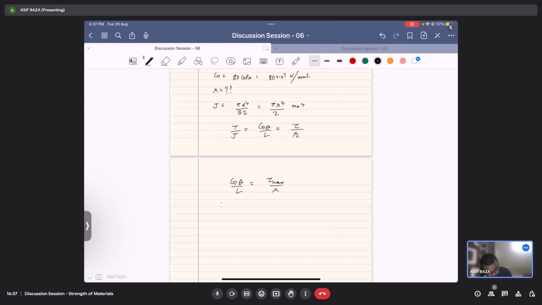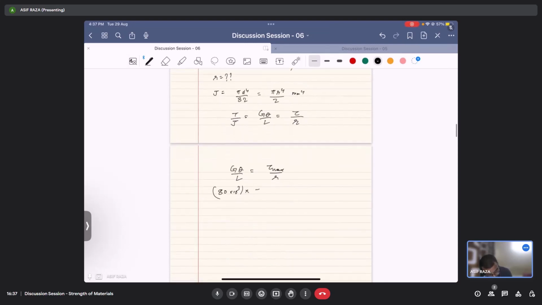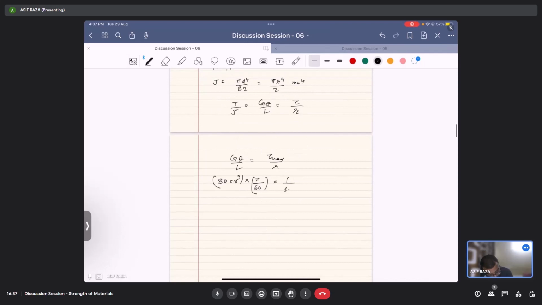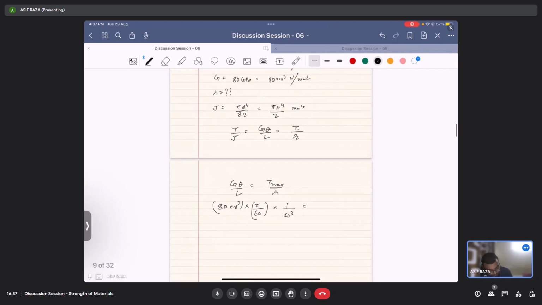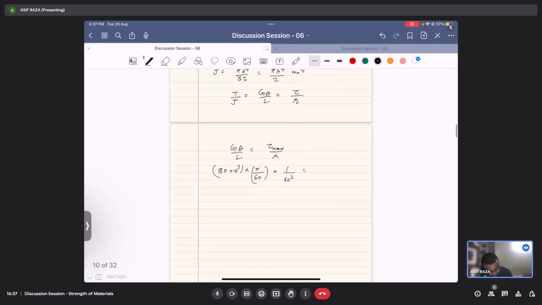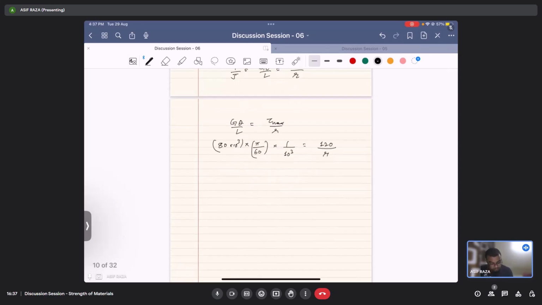That would be G theta by L, G is 80 into 10 power 3, theta is pi by 60 upon L, L is 10 to the power 3. That is equal to tau max, tau max is 120 upon R. Okay, so it's an easy thing. So 10 power 3 goes, 60.